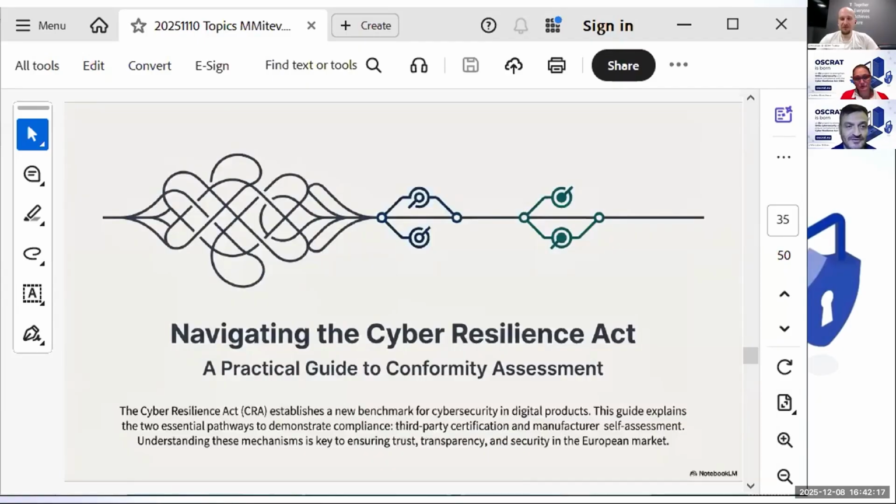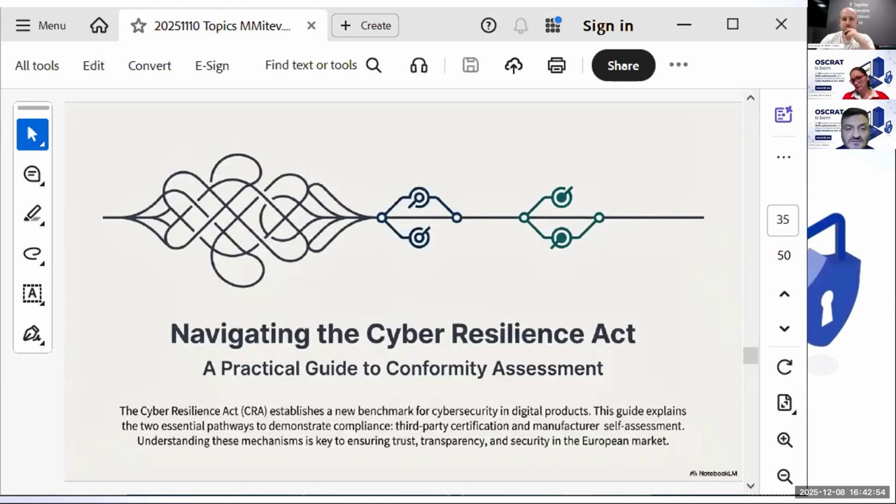Thank you for your explanation of how to create a CRA compliance roadmap. Now we will explore the Cyber Resilience Act and understand how conformity assessment works in practice. The CRA creates a new benchmark for cybersecurity in digital products across the European Union. It introduces rules that manufacturers must follow to make sure their products are secure before they enter the European market.